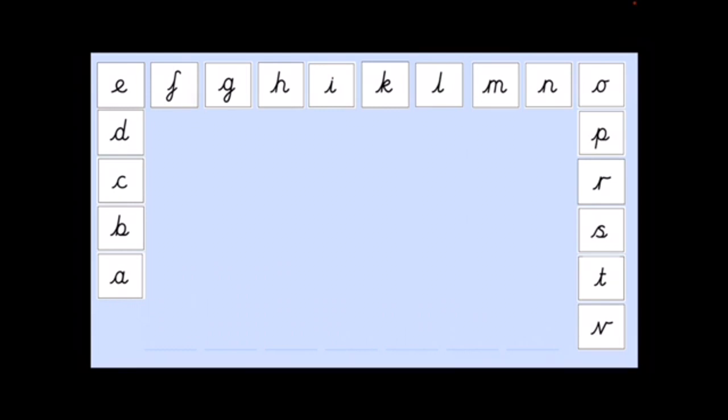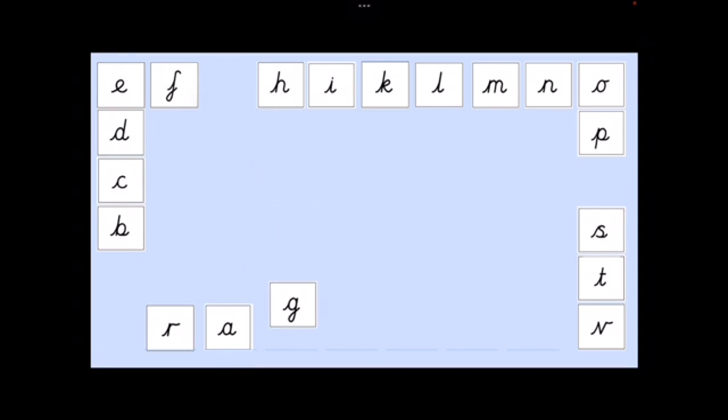First word we're going to write is rag. R, A, G. So I need the letter G. Now, we haven't gone over this word, but you are getting really good at the work we're doing.